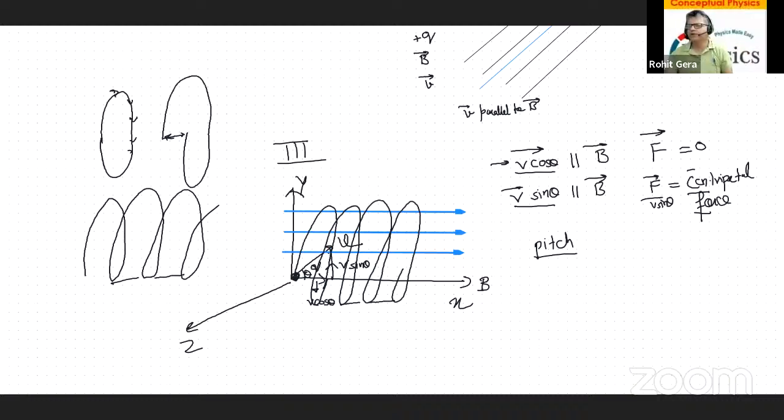That's a diagram you get now. And your radius, obviously, you can find out. So pitch is the horizontal distance traveled after every one turn.